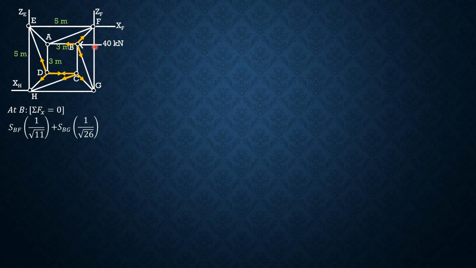Then minus SAB. Then minus 40 equals 0. So minus 40 equals 0 equals positive 40. Call that equation 6. Summation forces Y at B equals 0.